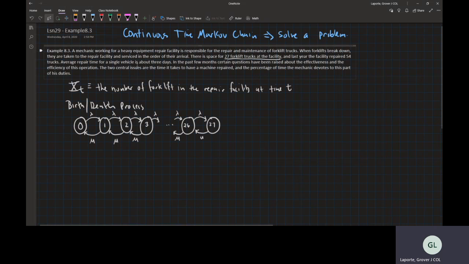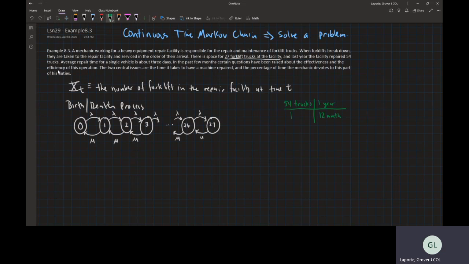Well, first of all, how often do trucks arrive at the repair facility? So we've got to read this and go, okay, last year the facility repaired 54 trucks. So that probably gives us an idea. On an annual basis, 54 trucks need to get repaired. Let's put everything in terms of months instead of annual. So 12 months is equal to 1 year.